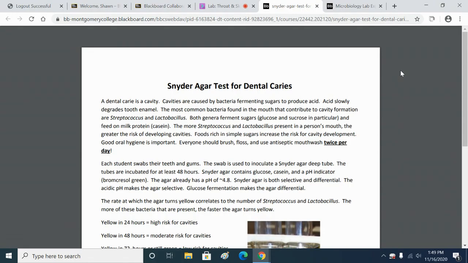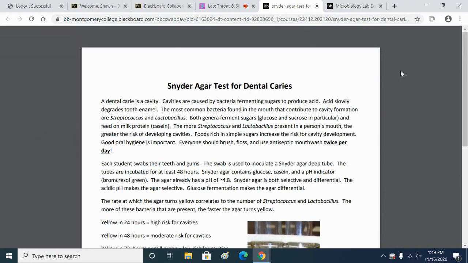Both of these groups ferment sugars, glucose and sucrose in particular, and they also feed on milk protein, casein. And so the idea is that the more Streptococcus and Lactobacillus that you have in your oral cavity, the greater the risk of developing cavities. But it's just sort of a test that suggests your risk.